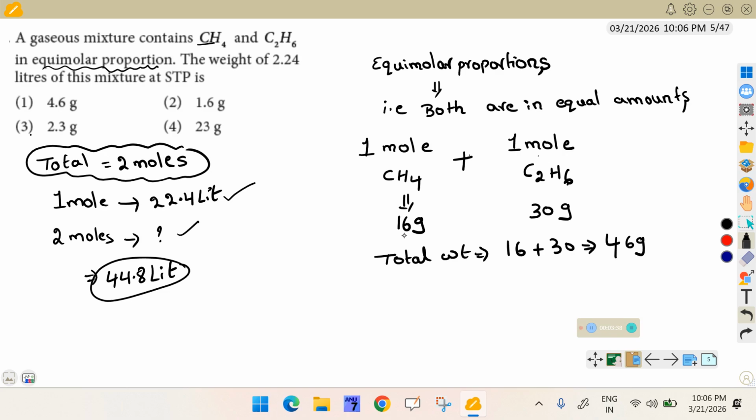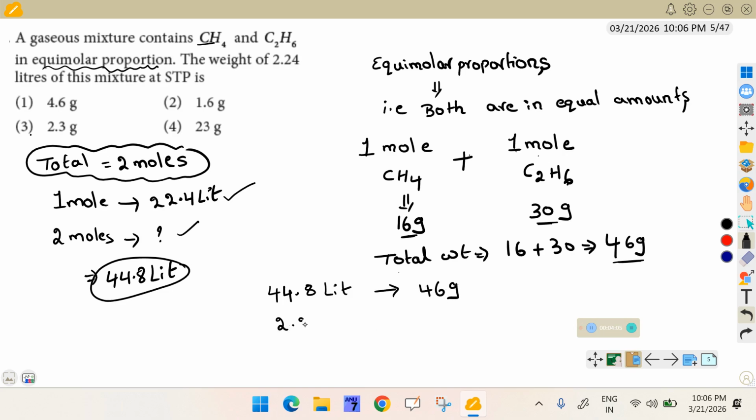1 mole of CH4 weighs 16 grams. 1 mole of C2H6 weighs 30 grams. Total 2 moles weigh 46 grams. Now, the relation between weight and volume: 44.8 liters of the mixture weigh 46 grams.